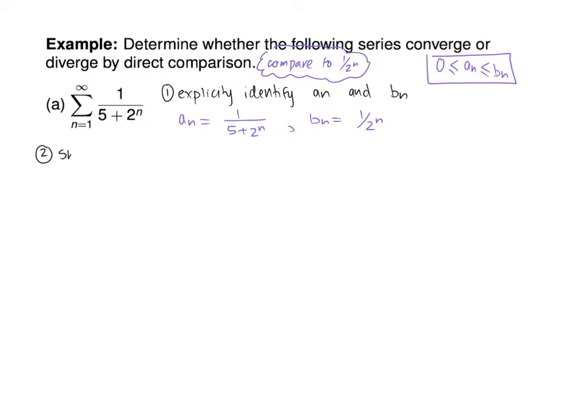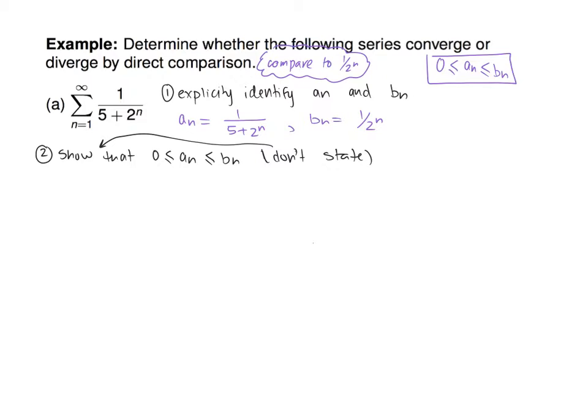Okay, second step, show that 0 is less than or equal to AN, which is less than or equal to BN. And don't just state it, okay? Just because you say it's true doesn't mean it's true.